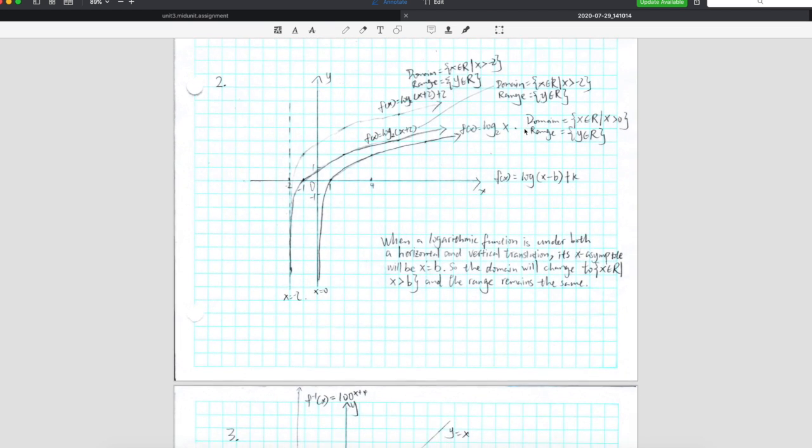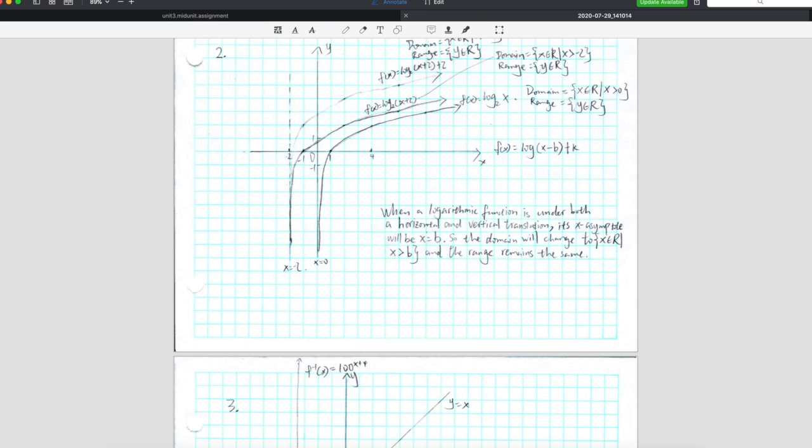So we can conclude that when the function is under a vertical and horizontal translation, the domain will change to x equals all elements in the real numbers greater than b. The b, which is here, is determined by the vertical translation.